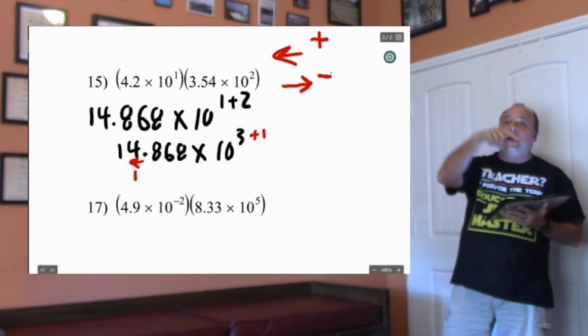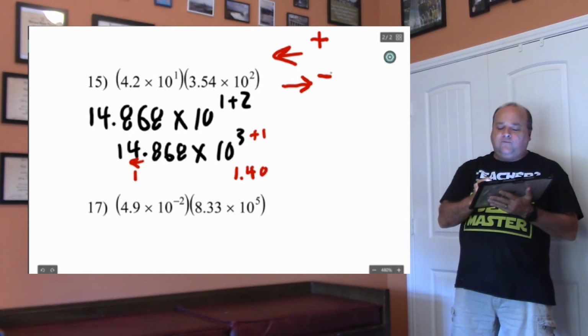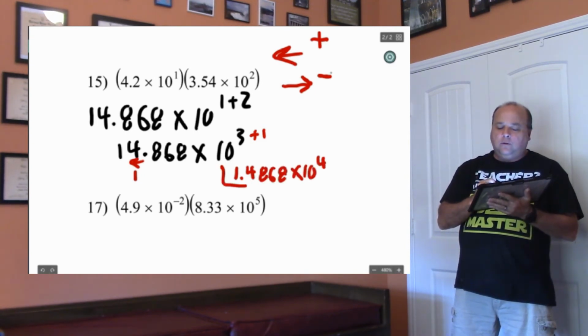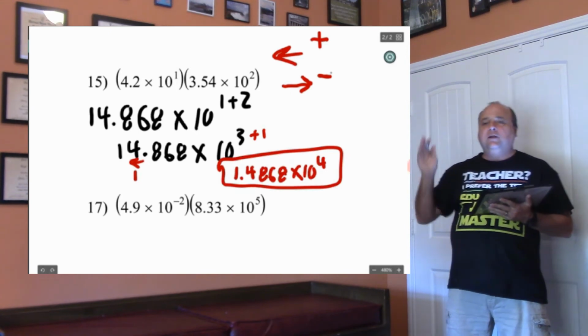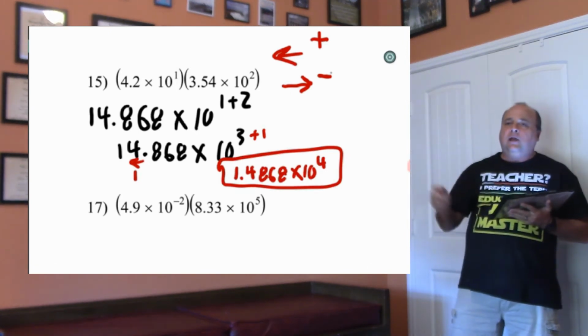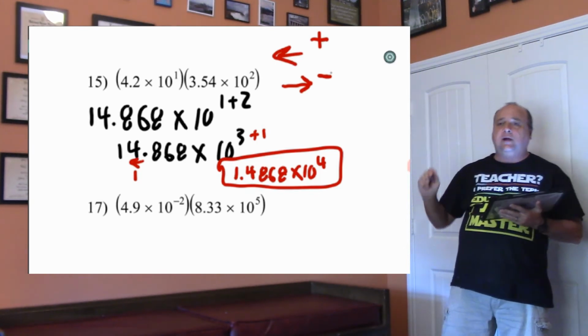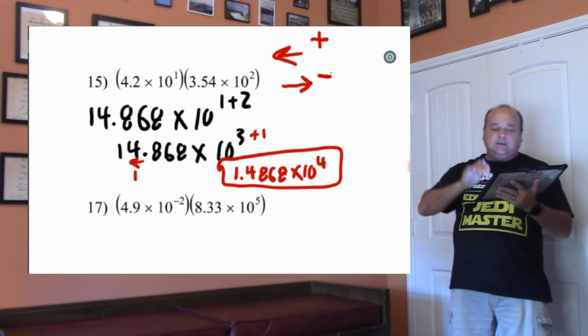If I moved it 2 times, I would do 3 plus 2. So my final answer would be 1.4868 times 10 to the 4th. Notice in my final answer, there's 1 digit to the left of the decimal. If you go to the left, you add the numbers. If you go to the right, you're going to subtract the numbers, okay? So it makes sense as we go through it.